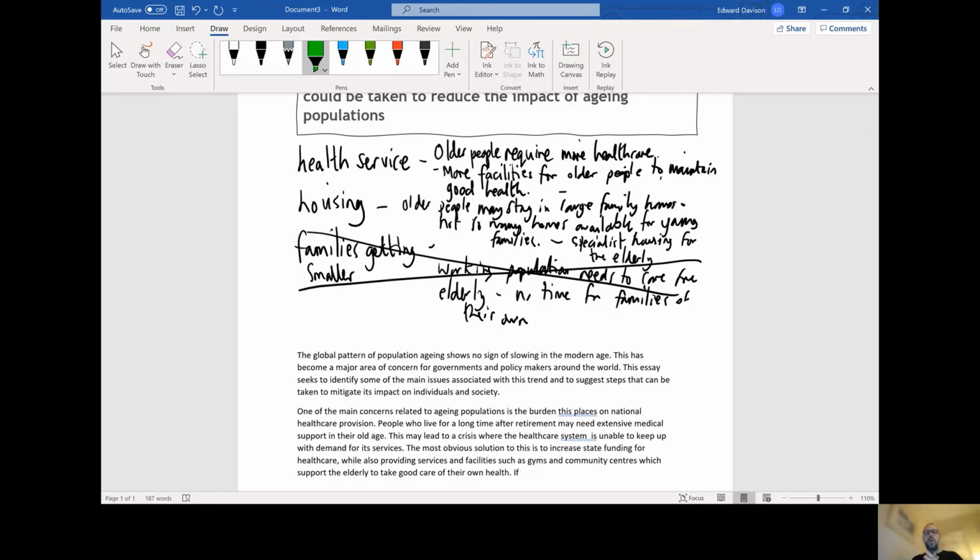Remember, as I mentioned before, a good way to end your paragraph which talks about solutions, or a good way to summarize, is using a conditional sentence.